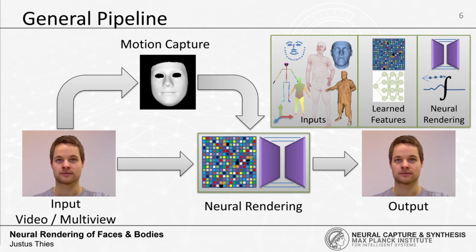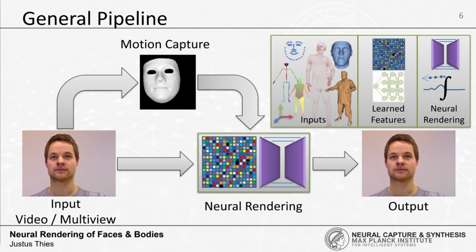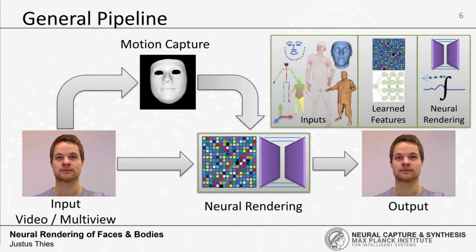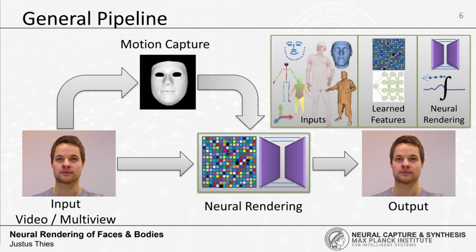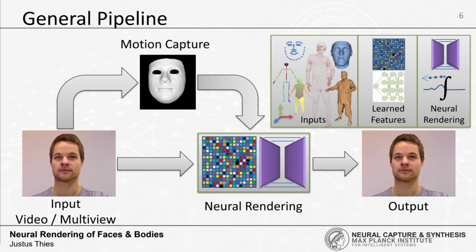In addition to these conditionings, some neural renderers have additional learnable features in the form of per-vertex features, neural textures, or an MLP that is either defined on the surface or in 3D space.